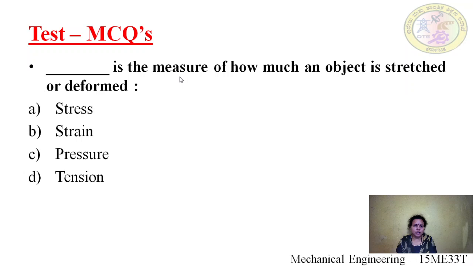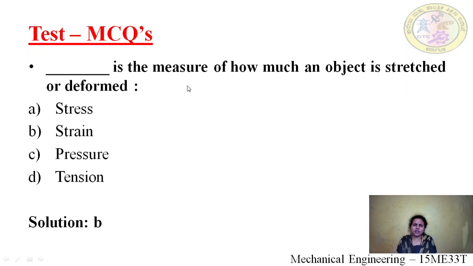Is it a stress? Is it a strain? Is it a pressure? Is it a tension? Guess the answer. The solution is B, strain. Strain is the measure of how much an object is stretched or deformed.